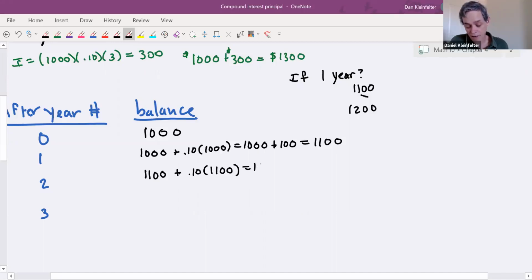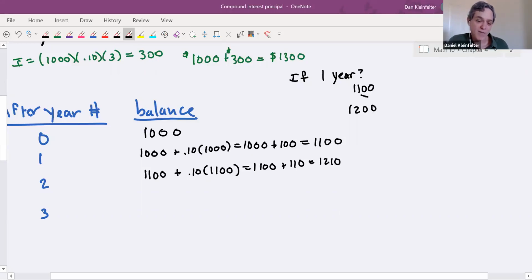So they owe us $1,100 from the prior year, plus now 110. That's the $100 from that 1,000 that was originally borrowed, plus $10 interest on the first year's interest. So now they owe us 1,210.